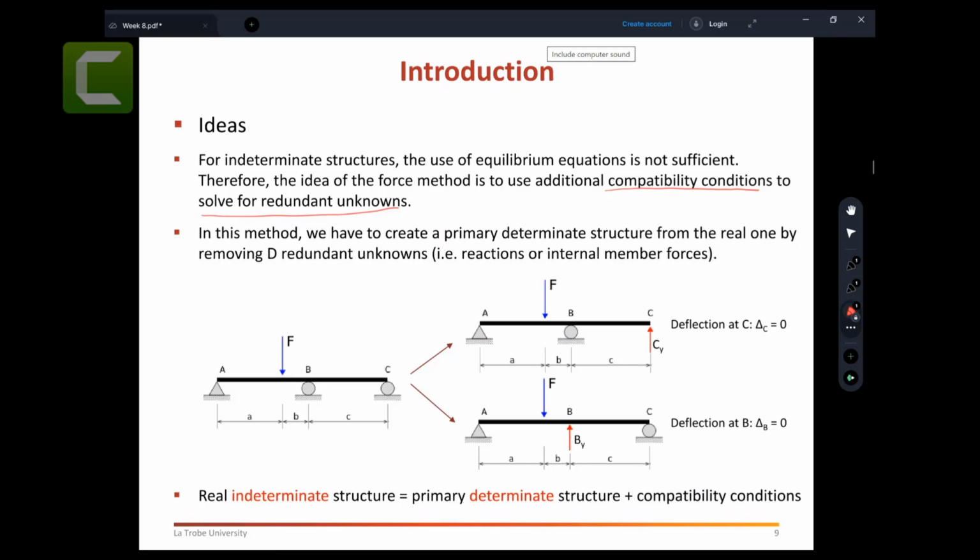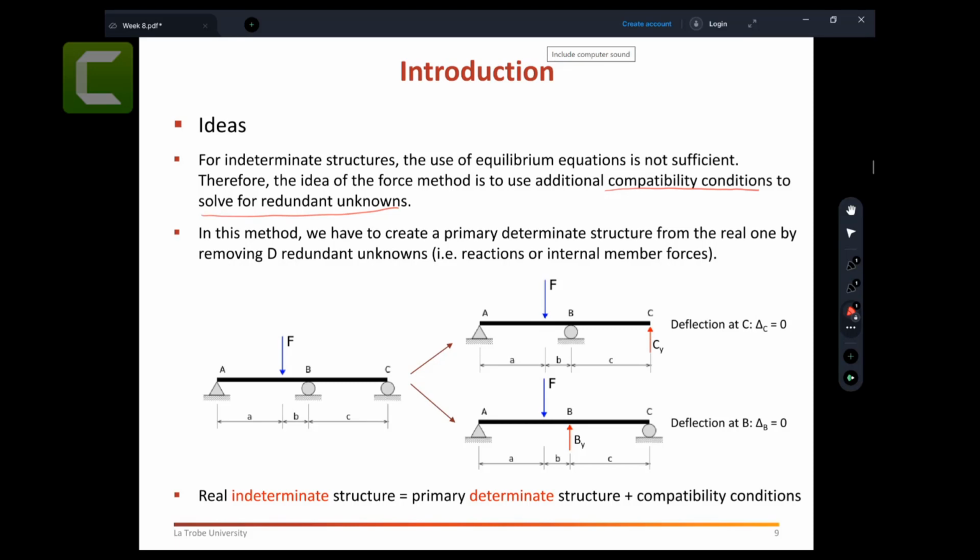So you have extra equations that will help you solve those unknown redundant forces. You have three equilibrium equations plus additional compatibility conditions, and how many compatibility conditions you get depends on the degree of indeterminacy you have.